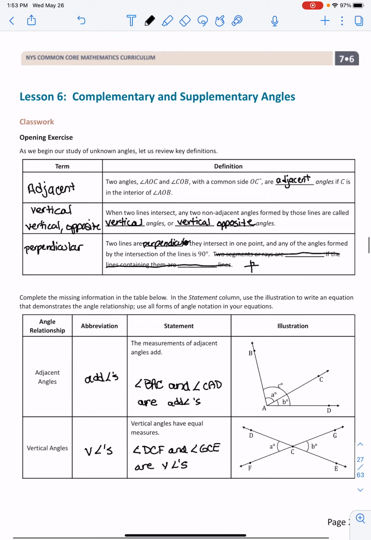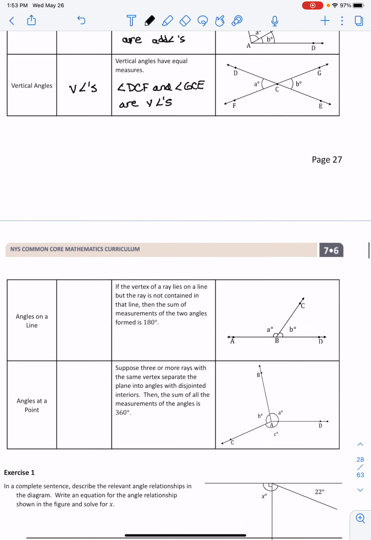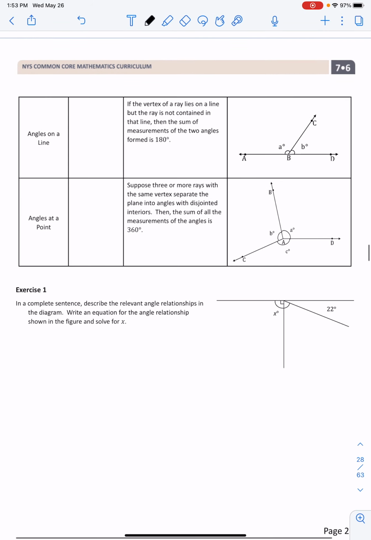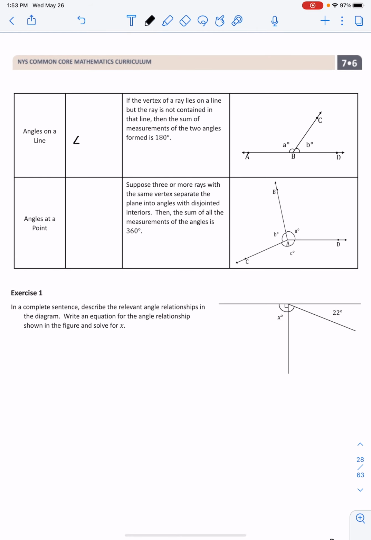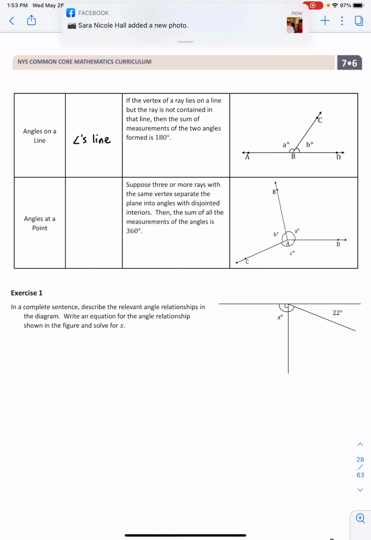Next, we have angles on a line. If the vertex of a ray lies on a line, but the ray is not contained in that line, then the sum of the measurements of the two angles formed is 180 degrees.